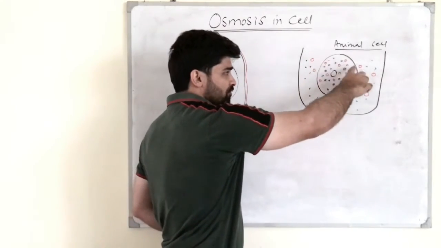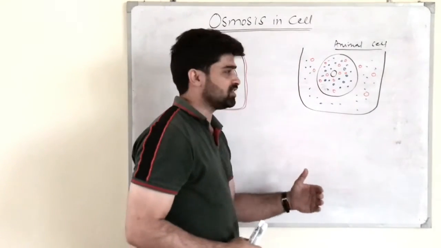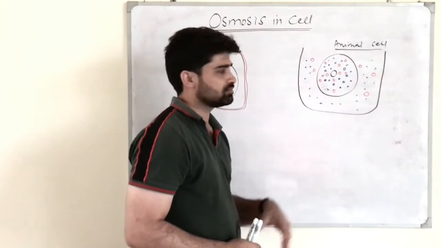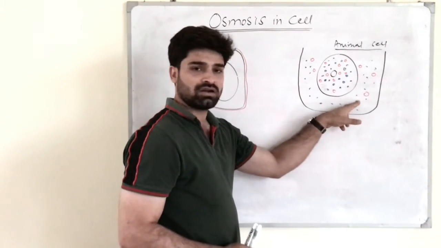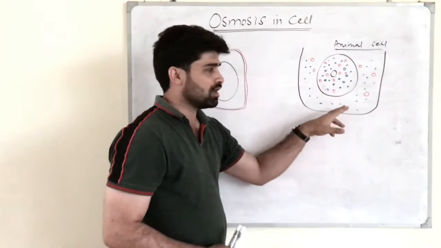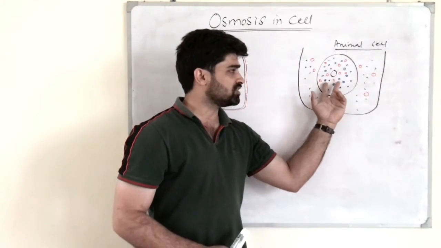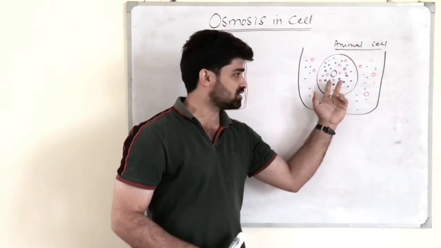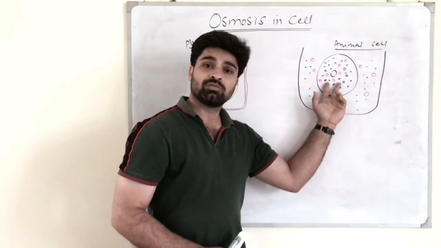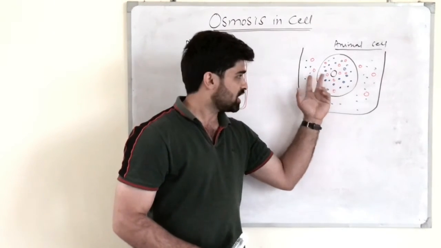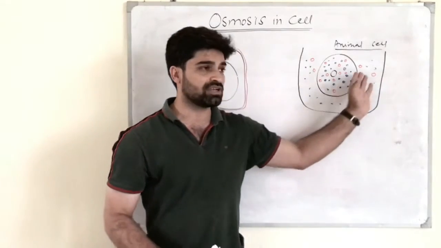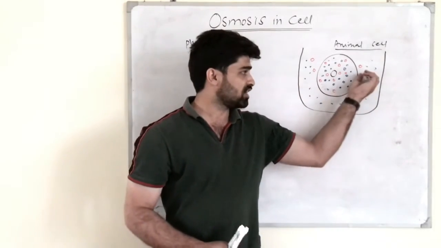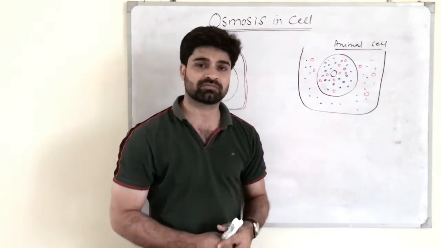Here you can see where more solutes are present, whether inside the cell or outside the cell. If the solutes are present more inside, that means it is more concentrated, and the fewer the solutes present in the beaker, that means it is a dilute solution.